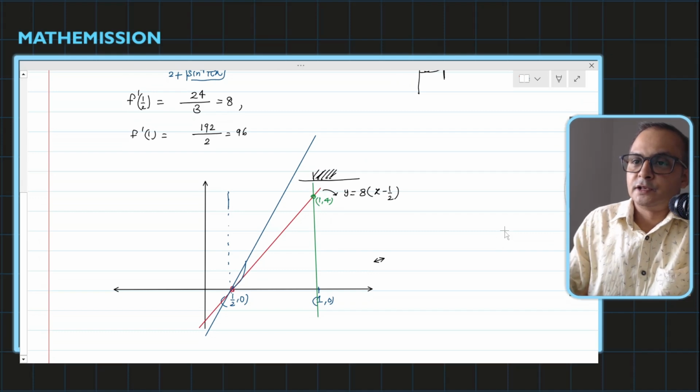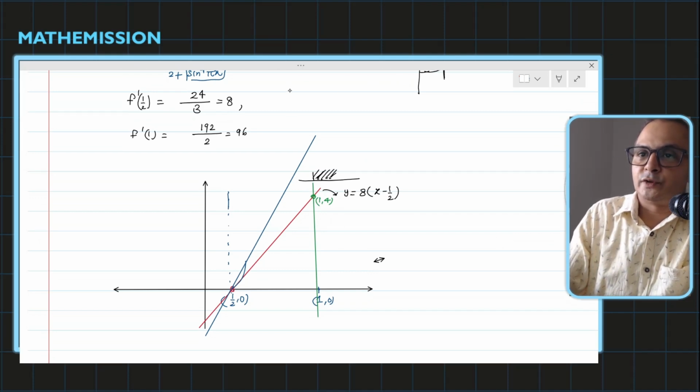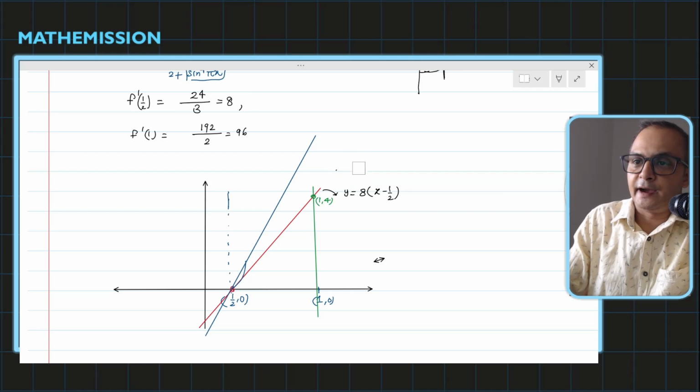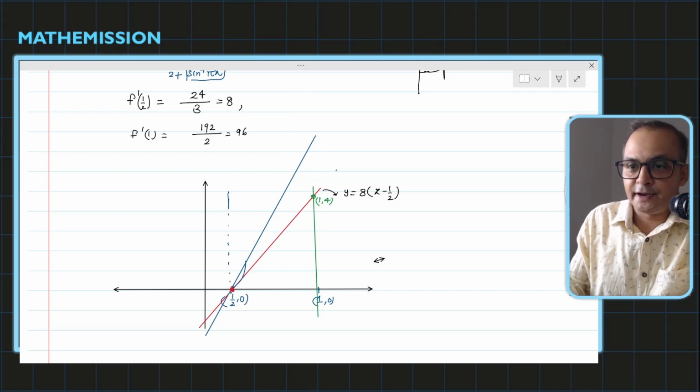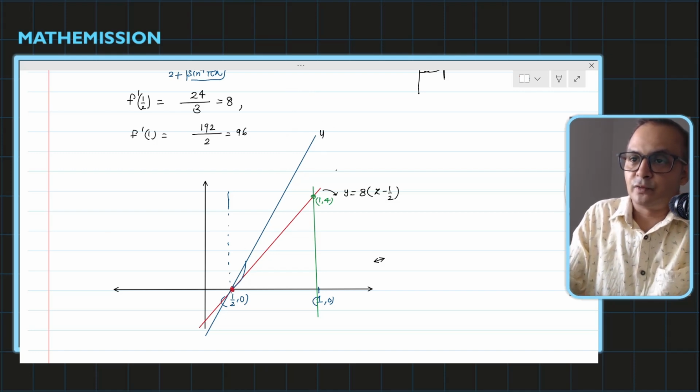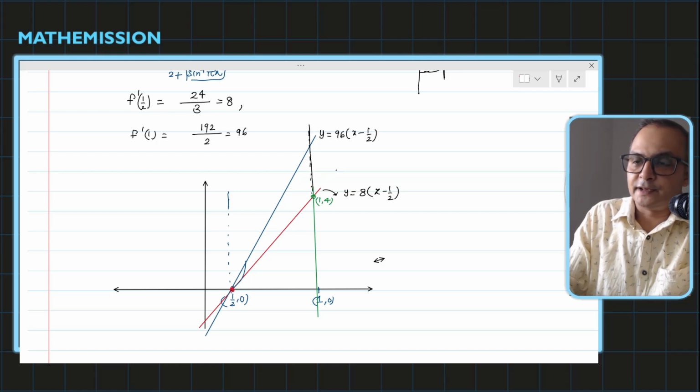All right, so what I was explaining is that I want to draw a line which has slope 96, but again it's passing through half, 0. That is y is equal to 96 times x minus half. And again at 1, you can find the value of this line, so it will be 96 times half, so 48. So this total height is 48.